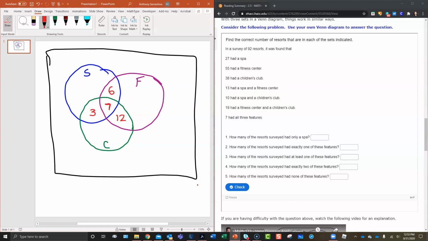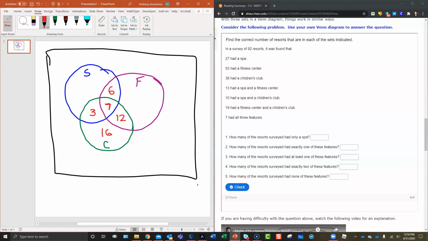Now, as you work up the list, you have 38 that had a children's club, and that was like the only feature mentioned. But those that had the children's club plus other things would be a part of that group. So this 3, 7, and 12 is part of that 38. So 22 of that's already been accounted for. You have 16 out here. For those that had a fitness center, you have 55, but that could be that they only had a fitness center, or that they had a spa as well, or a children's center as well, or all three.